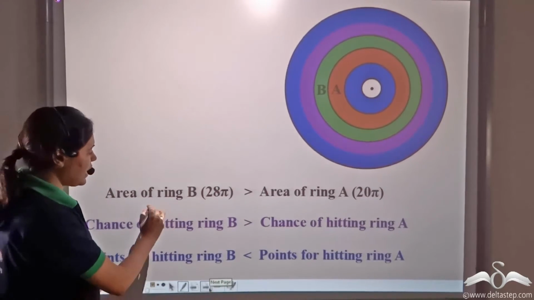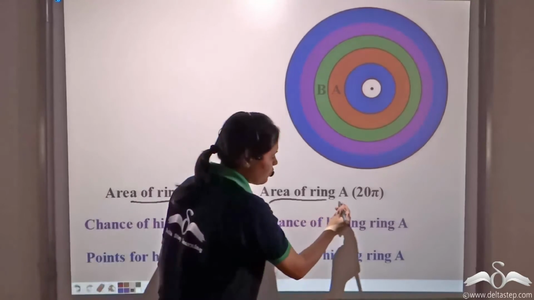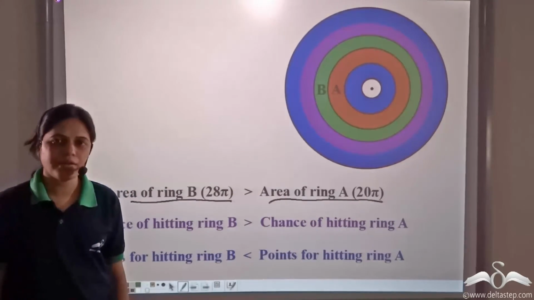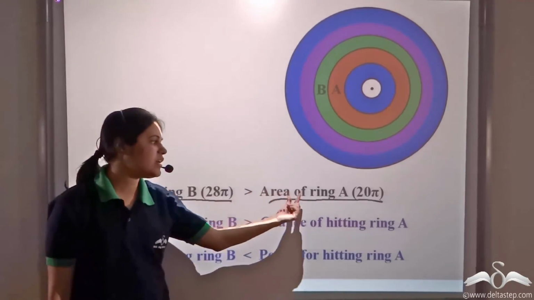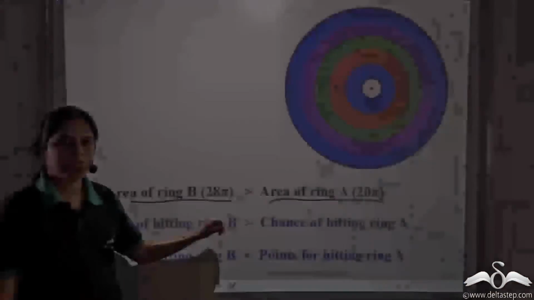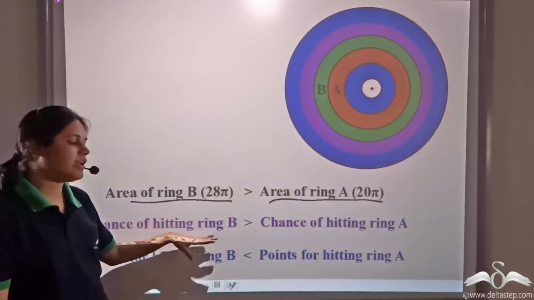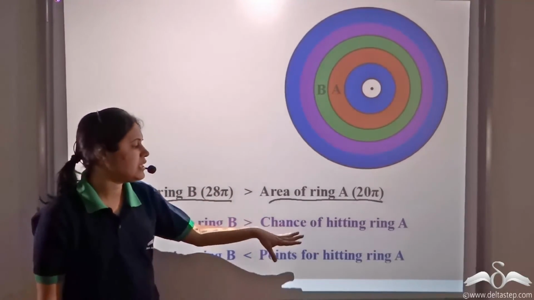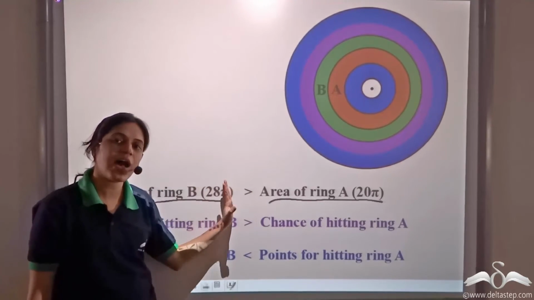Now, we had seen that the area of ring B is 28 pi, whereas the area of ring A is 20 pi. So the area of ring B is more than the area of ring A. That is, on this board, the chance of hitting ring B is higher than the chance of hitting ring A, because the area of ring B is higher.